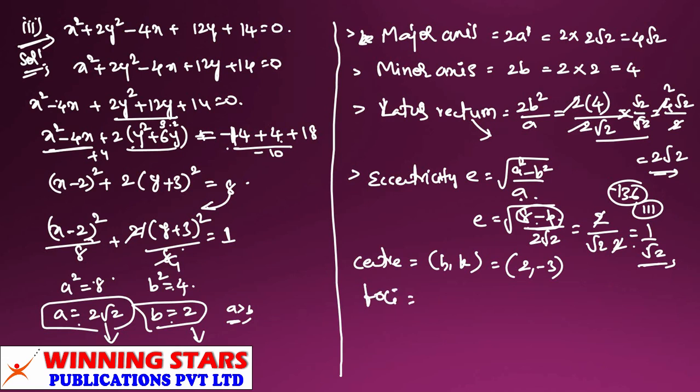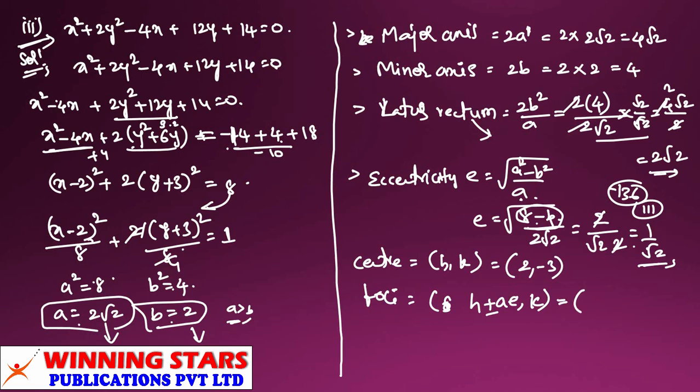So what is foci? Like on the 136th page number, they will find foci S is equal to h plus or minus ae comma k.